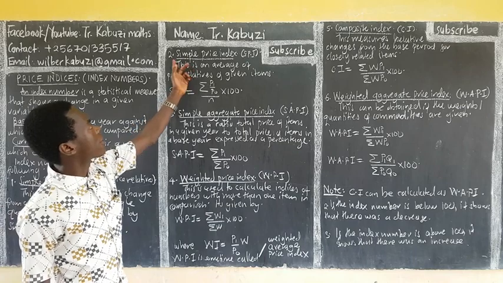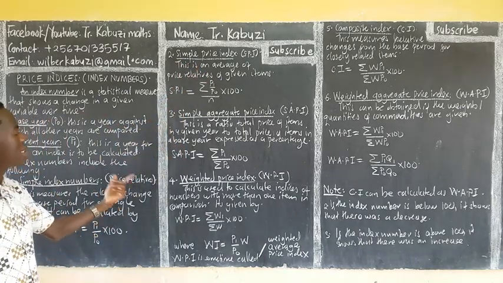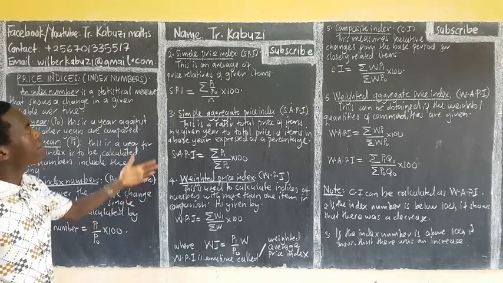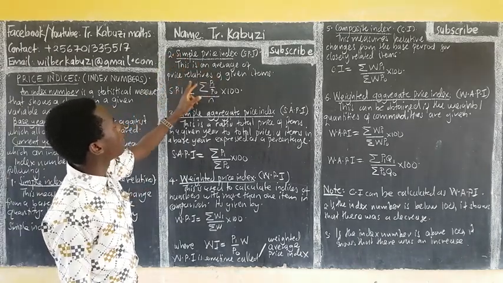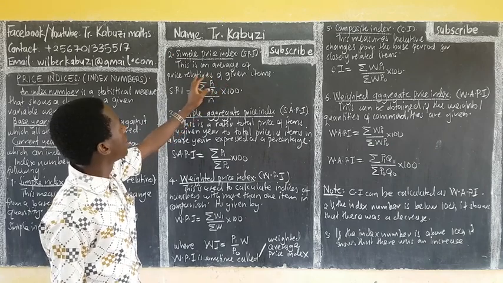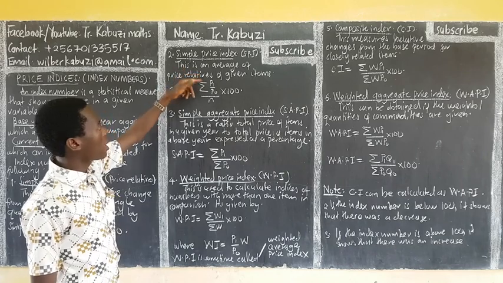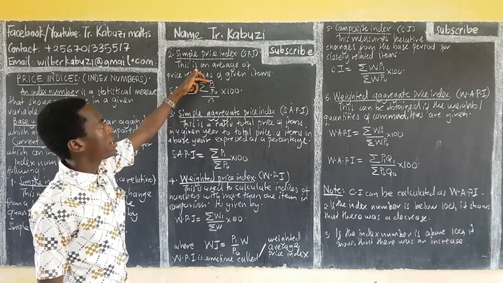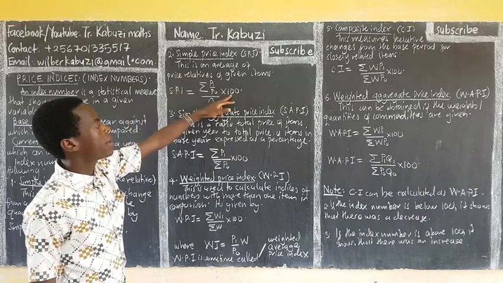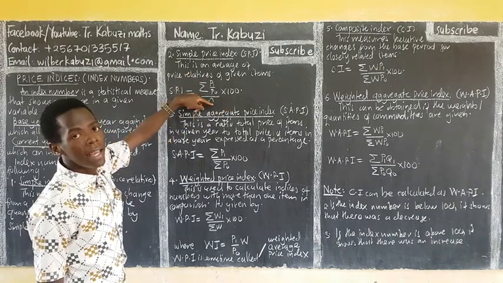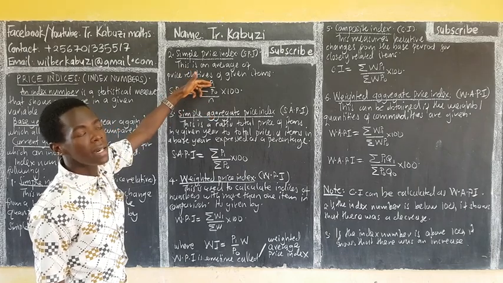Then there is what we call the simple price index. This one is simple index number or simple price relatives. This one is the simple price index. This is an average of price relatives of given items. So what we do here, we get P1 over P naught times 100, expressed as a percent, but we divide by the total number of items we are calculating the price relatives for.